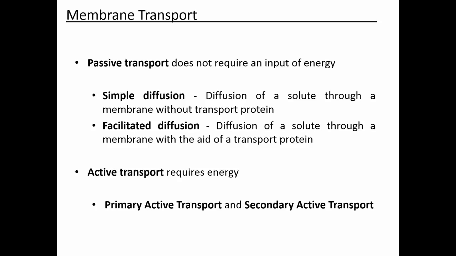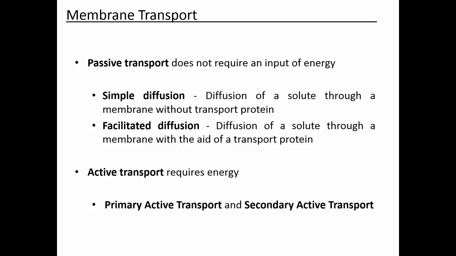It just simply passes through the phospholipid bilayer. And then the difference with facilitated diffusion is that you have a protein that's embedded in the membrane that we'll call a transport protein. And that moves the substance from one side of the membrane to the other. So facilitated diffusion requires a membrane protein, whereas simple diffusion does not require a membrane protein.